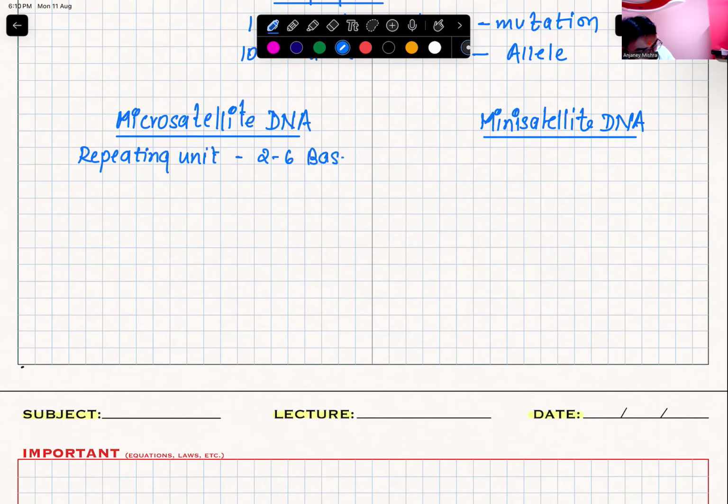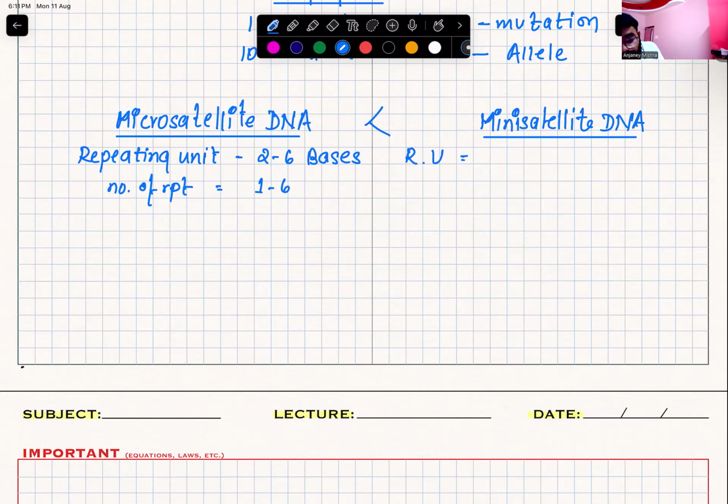This data you can check once, and it is different in different books. And how many times do you see it? Number of repeats. Number of repeats is 1 to 6, not more than that. When I talk about minisatellite, beta, which is bigger, mini or micro? Mini.